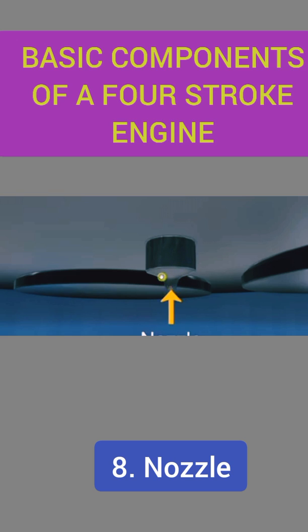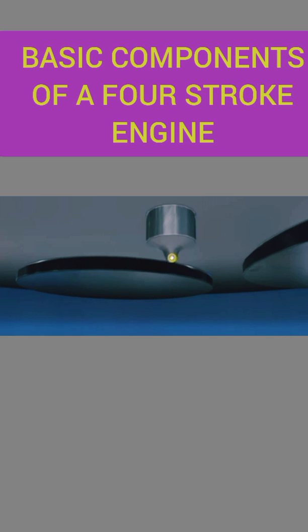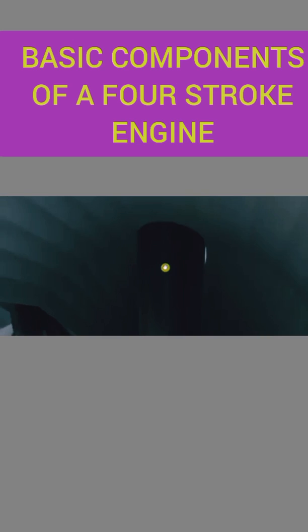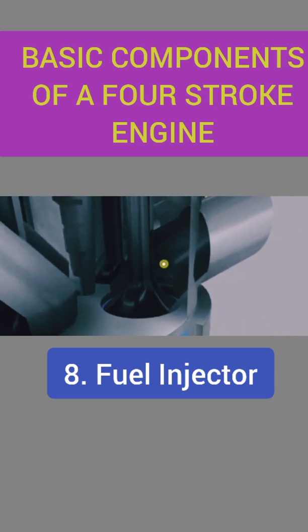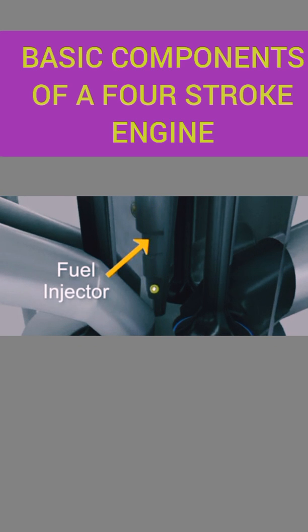Moving forward, we have the nozzle. The nozzle is a spray hole which allows fuel to be atomized into the engine cylinder for combustion. You can take it to be the tip of the fuel injector. Going forward, we have the fuel injector. The fuel injector is connected to the fuel pump.